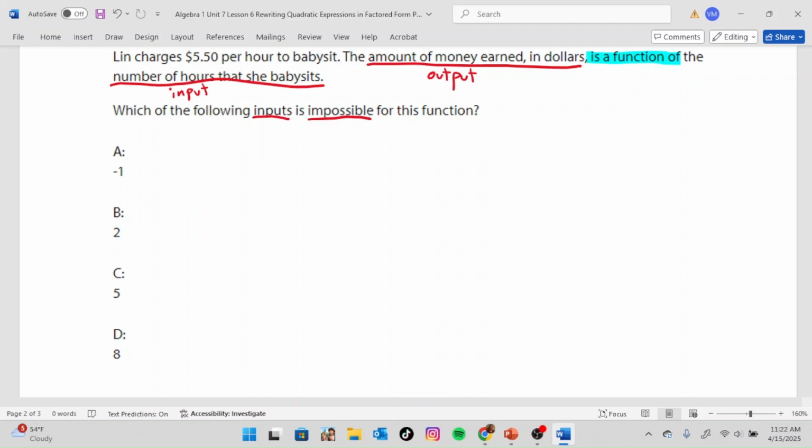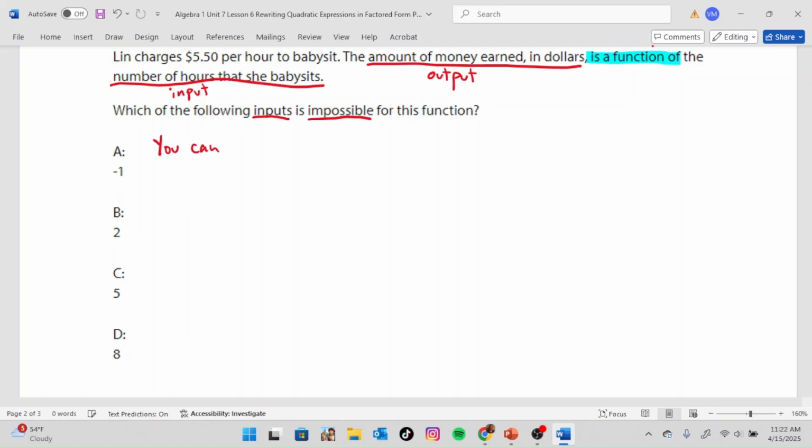So we have 2, she could babysit for 2 hours. 5, she could babysit for 5 hours. 8, she could babysit for 8 hours, maybe watching a child while the parent is working. But the only one that doesn't make sense is -1.